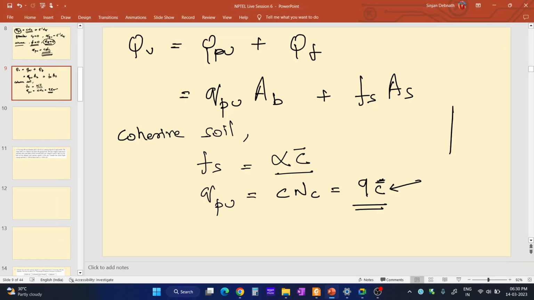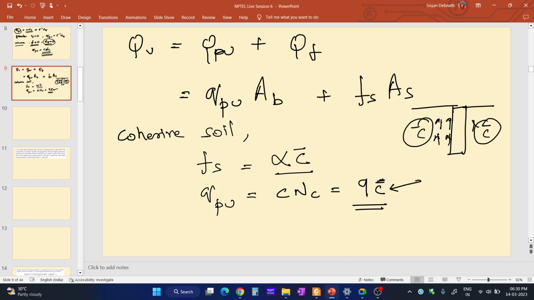So let me just draw it and explain it once again. This C dash is along the length of the pile, the cohesion of this portion, and alpha C will provide the adhesion at the interface between soil and the pile.